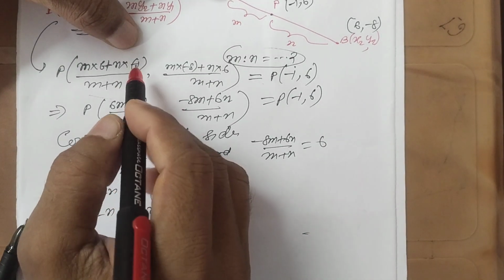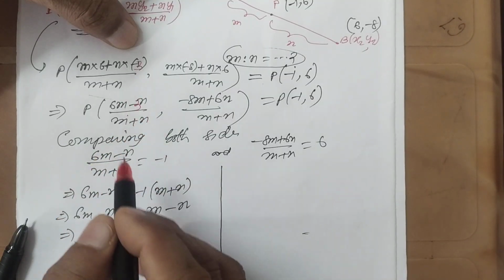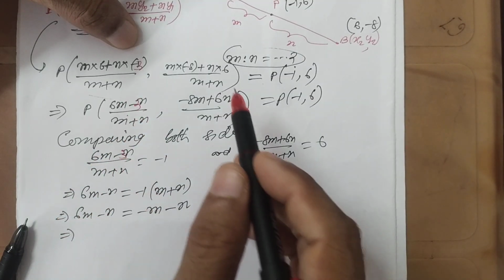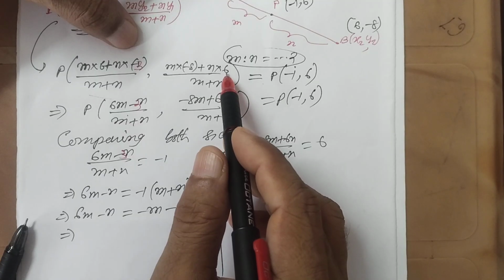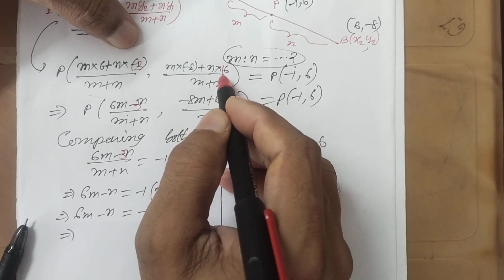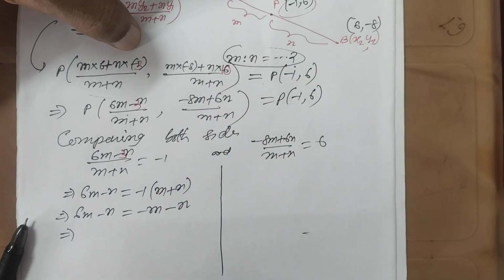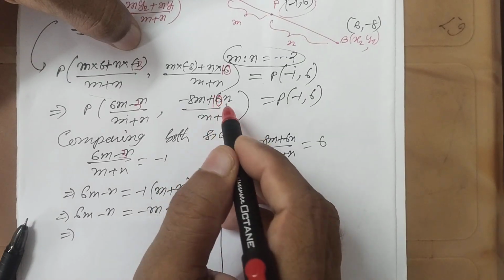I made a mistake here. This is not -1, this is -3. So this will be 3m. And this is also a mistake: m x2 plus n x1, x1 is 10. Sorry, I took this point by mistake here. So this will be 10.